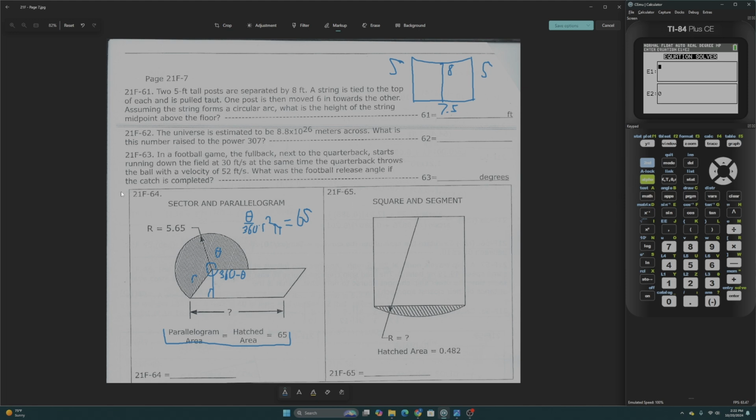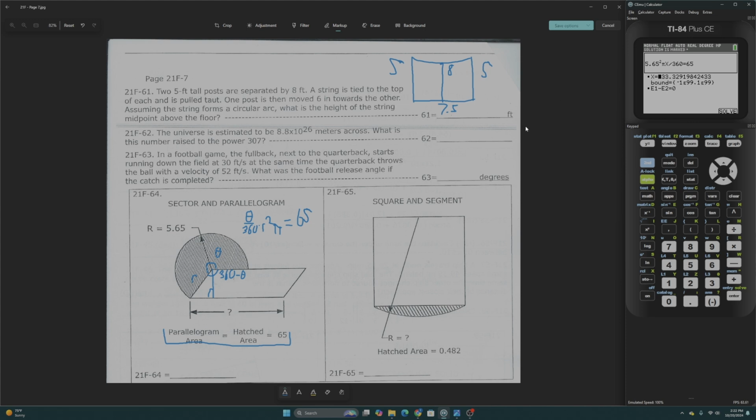So you just have r, 5.65, squared times pi. That's not squared, that's the inverse. All right, and then theta: there's probably an easier way to do that, but x over 360 is equal to that, and we're in degree mode. Actually, it doesn't matter here. So we know what x is.